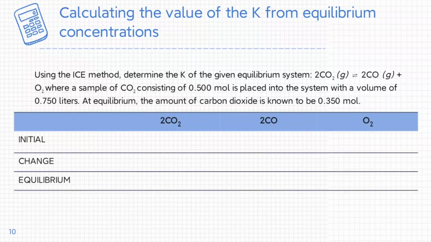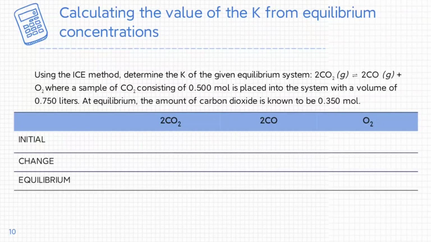Okay, so 2CO2, carbon dioxide, reversible reaction sa carbon monoxide plus oxygen gas. So, as you can see, binalance niya na yung equation natin. So, we don't need to balance it anymore. However, again, if the chemical equation is not yet balanced, you need to perform balancing.